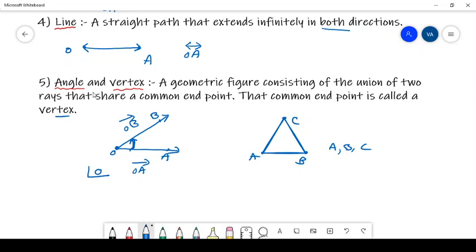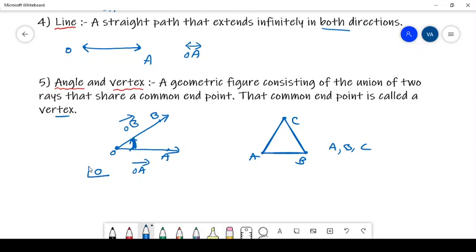Look here, first angle. Angle is a geometric figure consisting of the union of two rays that share a common end point. Here OA and OB are two rays having the common end point O, and this portion, the union of two rays, is called the angle.